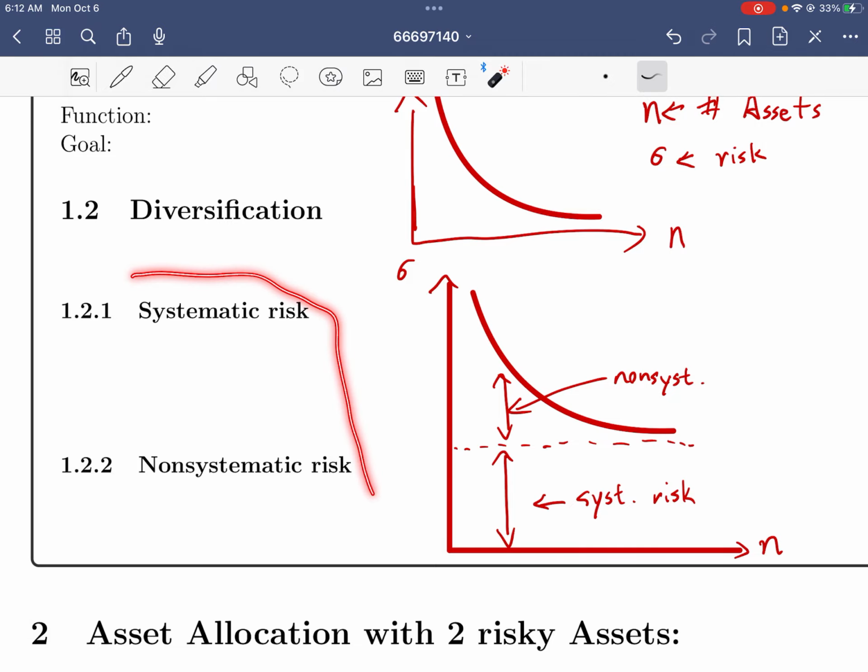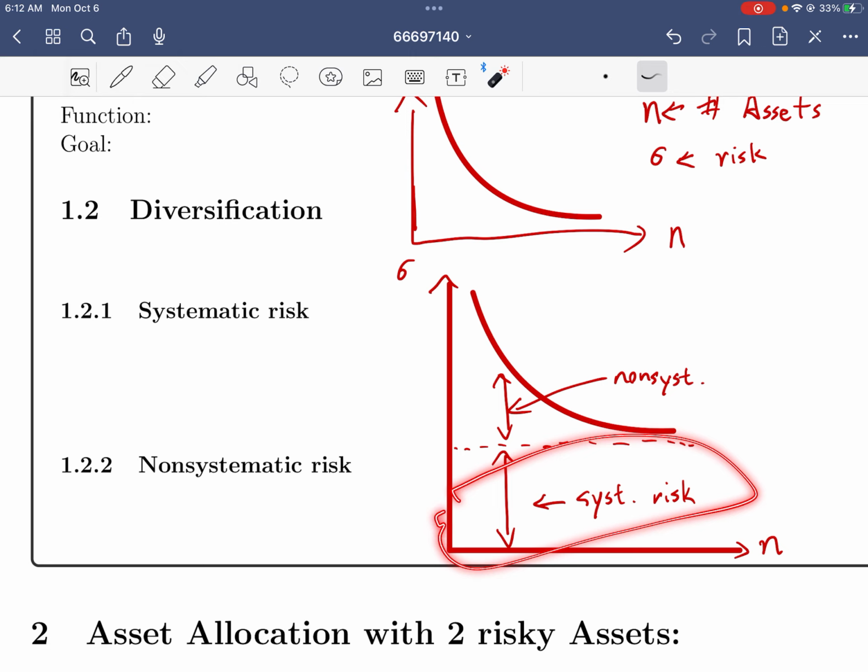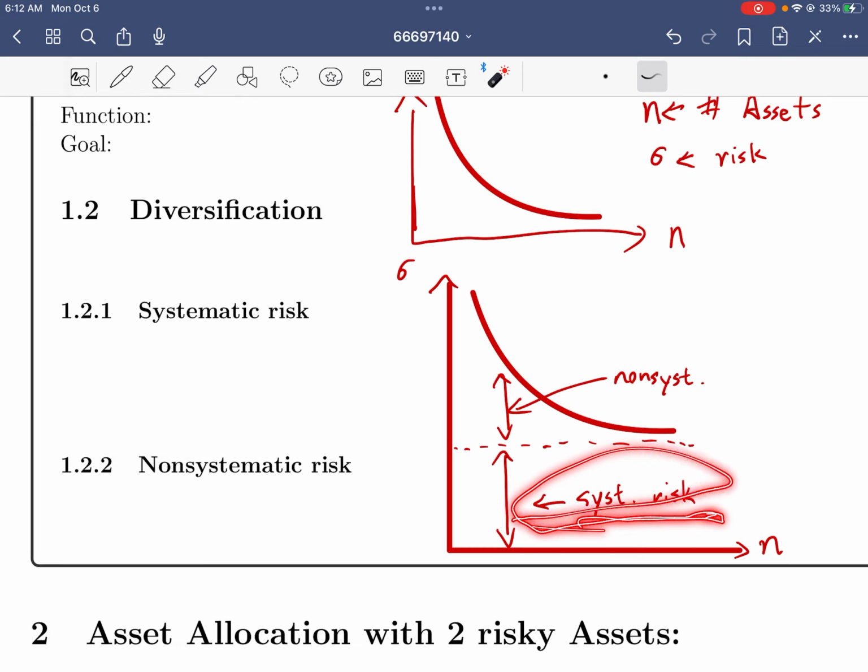Next, we looked at the two sources of risk for our portfolio. One is systematic risk, another is non-systematic risk. Below our plot, this part is systematic risk. You can't diversify systematic risk.